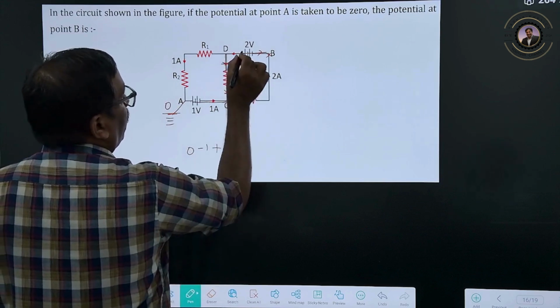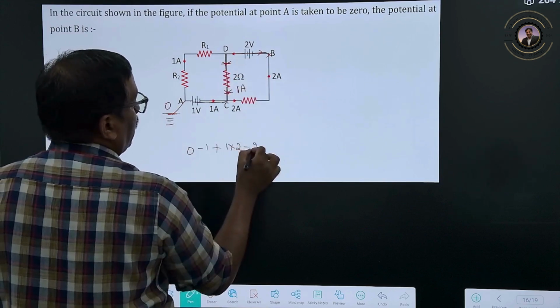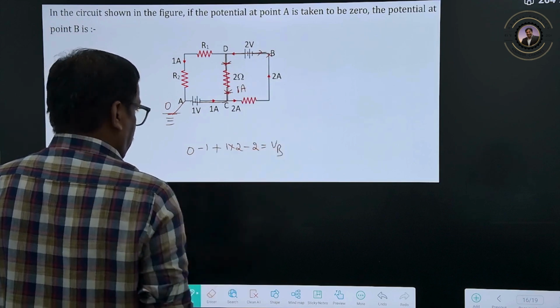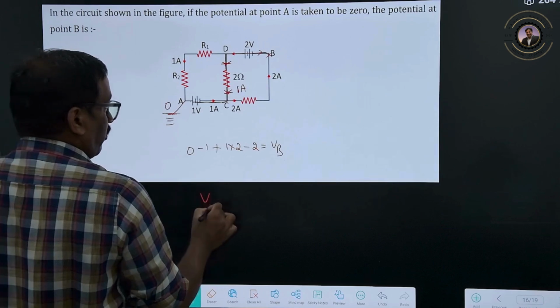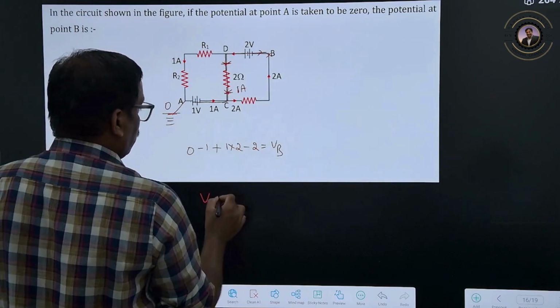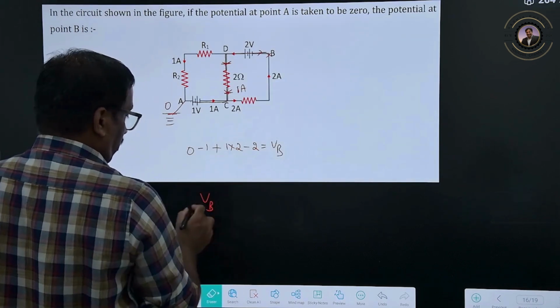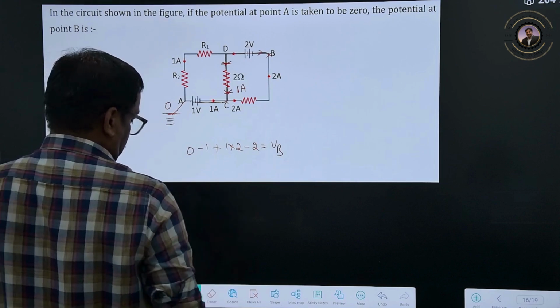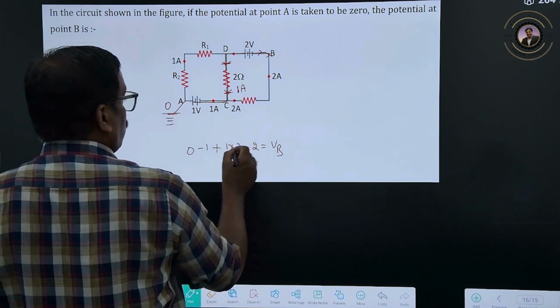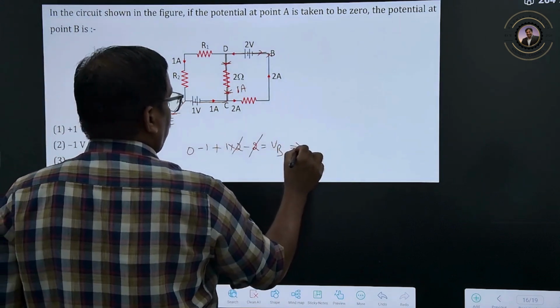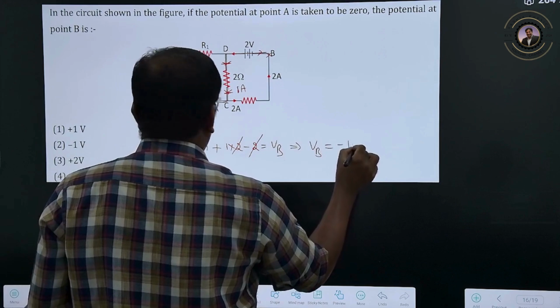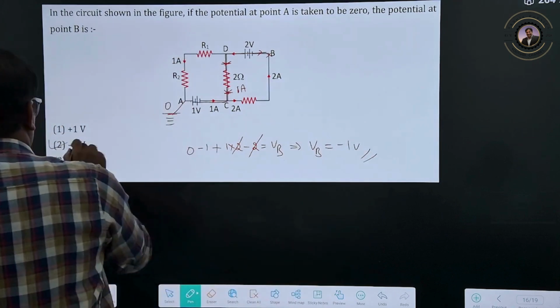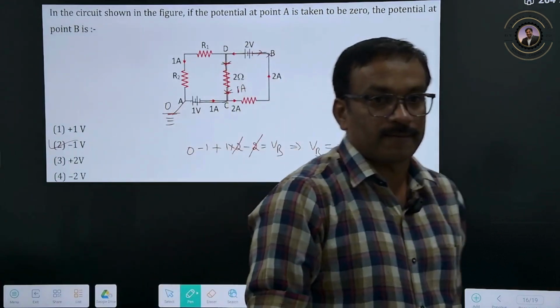Then I am going from higher to lower, therefore minus 2 is equal to VB. So 2 minus 2 gets cancelled out, therefore VB is equal to minus 1 volt. This will be your answer. Clear?